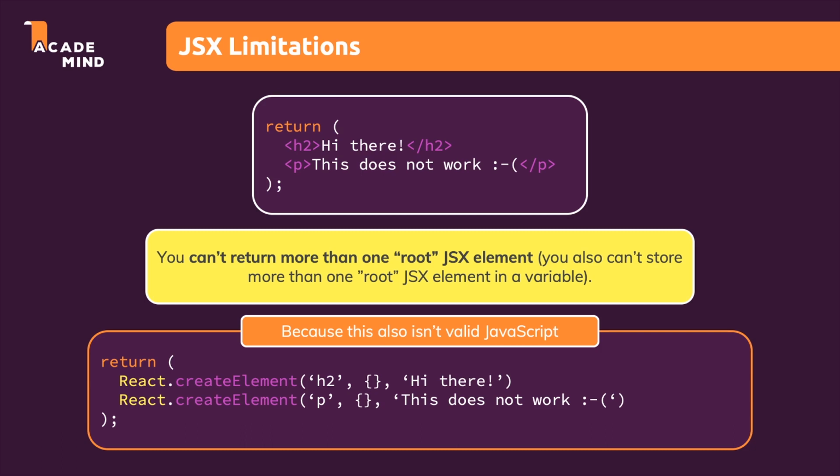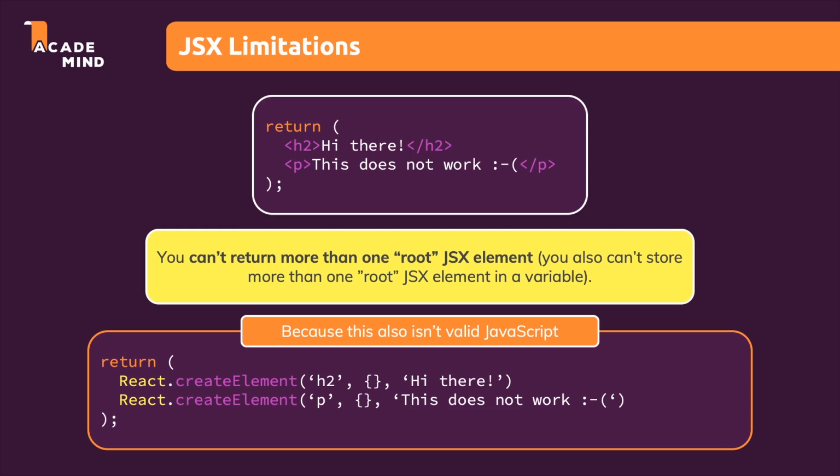Your JSX code translates into React create element, like you see it here at the bottom of the slide. And you must only have one React create element call which you return. Now, any nested JSX elements, so inside of that one root element, could be side by side, because in the React create element world, those children of that root element would be the third and fourth and fifth and so on argument.